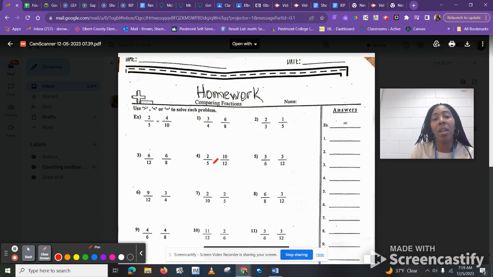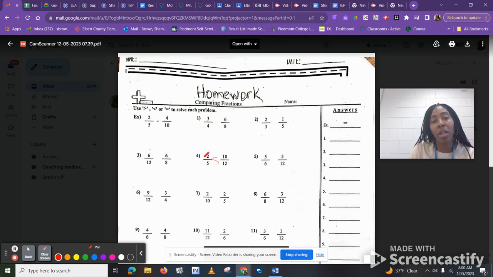Actually, I could do this because if I look at 2/5, I know that 2 is less than half of 5 because half of 5 would be 2.5. So this is under a half. But this 10/12, well, half of 12 is 6. So this is way over a half. It's almost a whole. So that means this side would be bigger.